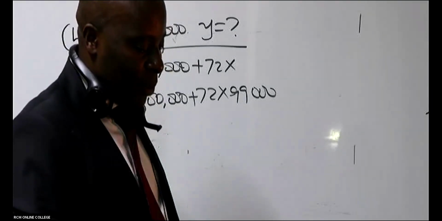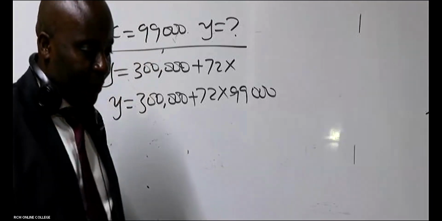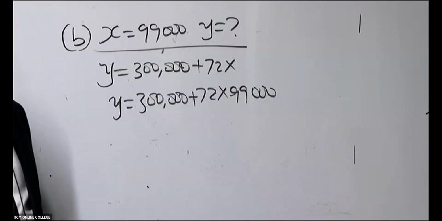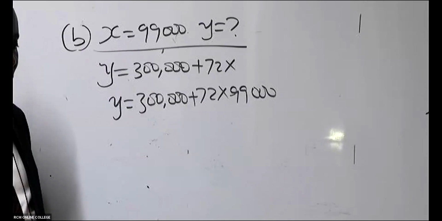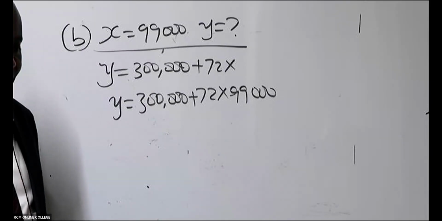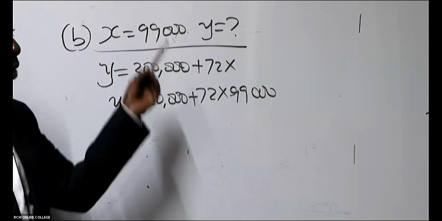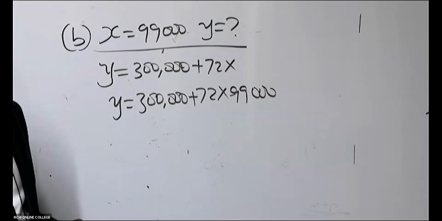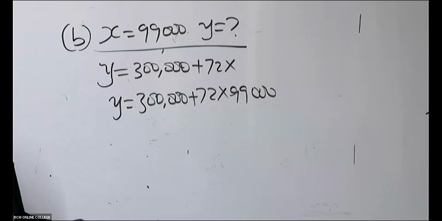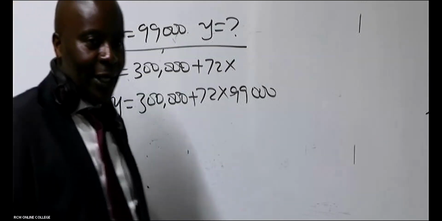Please go there and calculate 300,000 plus 72 times 99,000. It's not that ugly. It's 7,428,000.